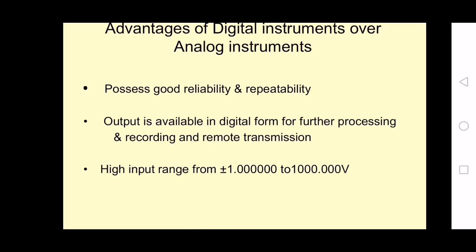So it can have various inputs from 1 volt, having 6 zeros after the decimal point, to 1000 volts having 3 zeros after the decimal point. Digital instruments can have that much input range, but in case of analog instruments, we cannot obtain this much input range.